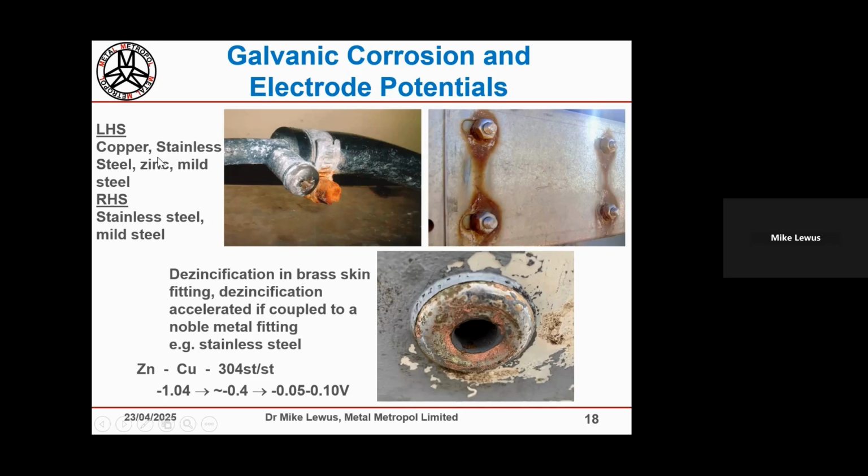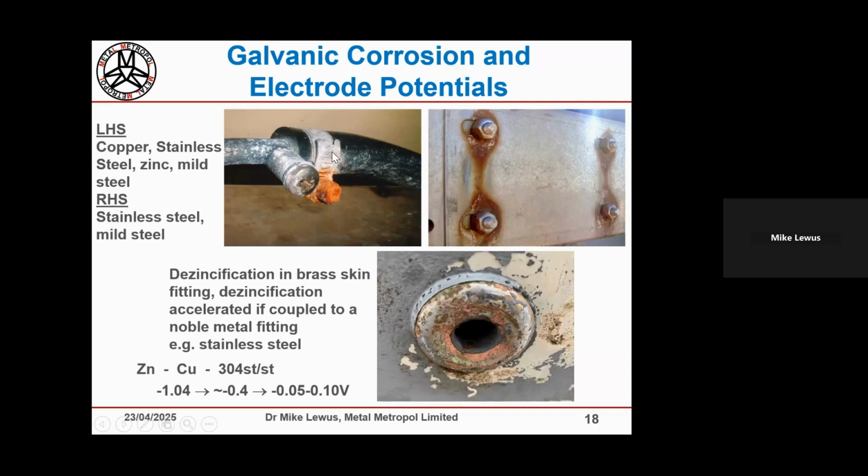The most anodic material is the zinc, the galvanized zinc on this steel Jubilee clip. So, although it doesn't look like it, because your eyes are drawn to the heavily orange mild steel, or it's essentially a mild steel component, the zinc corrodes pretty quickly.